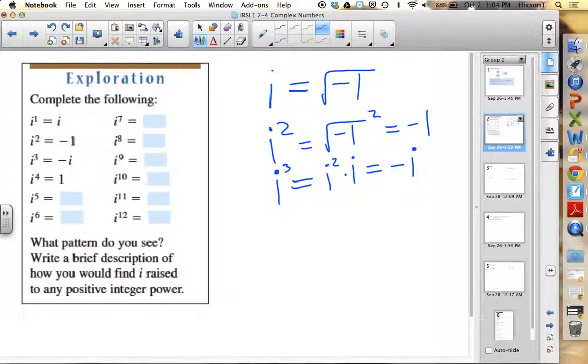Okay? Then you have i to the 4th. i to the 4th is i squared times i squared. Well, that's negative 1 times negative 1, right? Which is 1. Okay?